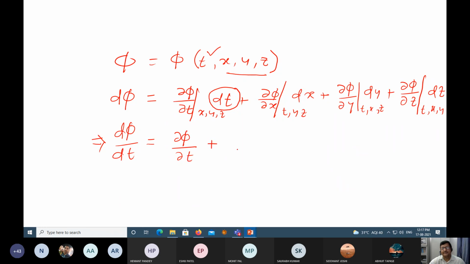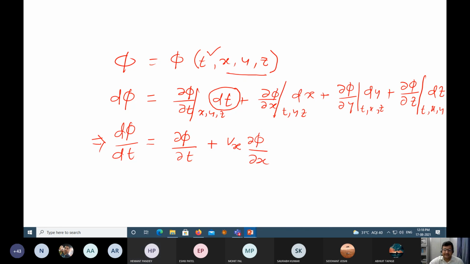Plus, what will happen to my this term? Anybody? Dt. Yes. So what is that? X coordinate of velocity. Yes, let us write Vx. X component of velocity, right? Vx into del phi by del x, right?